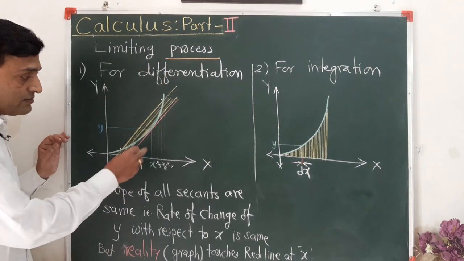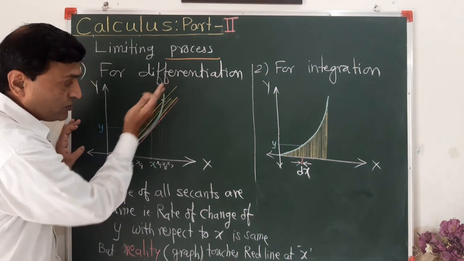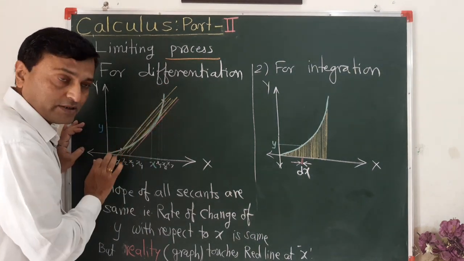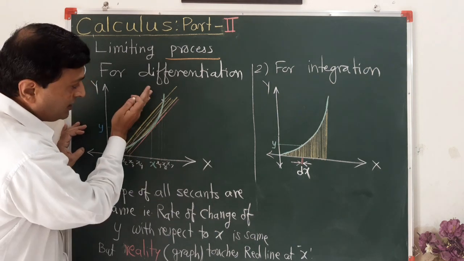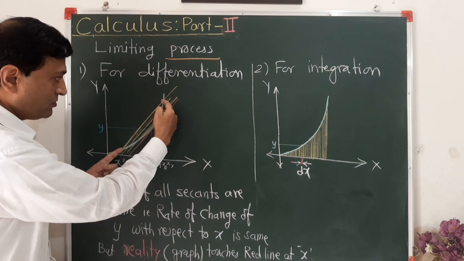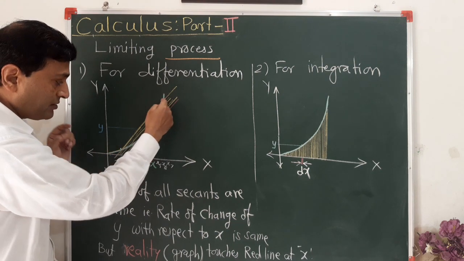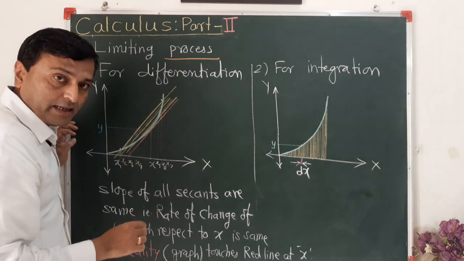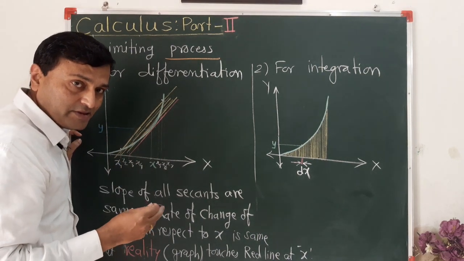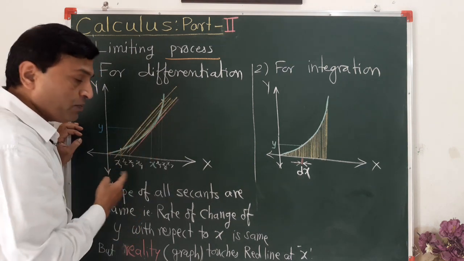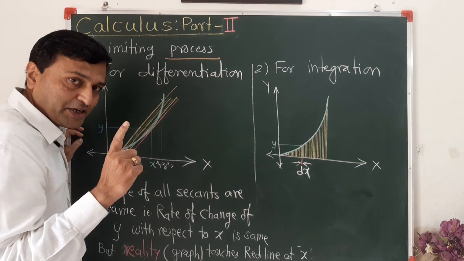That's why I have taken 2 known points. These are 2 known points having some values, and I am approximating, meaning I am decreasing the length of the secant to a particular point. At this point that length becomes 0, meaning this slope and this slope have the same magnitude.